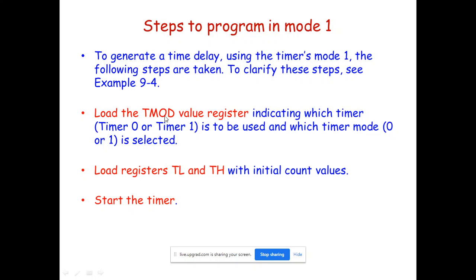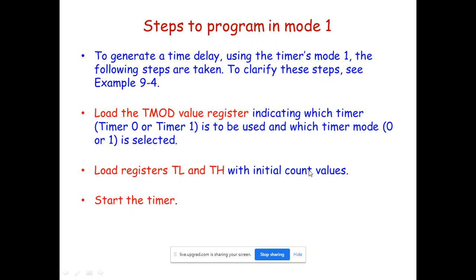We know the algorithm for programming the timer. First we calculate the TMOD value as per which timer and which mode you want to use. Which timer we want to use: timer 0. Which mode: mode 1. Software method or hardware method to turn on the timer: software method. We place this value into the TMOD register. Next we calculate the initial value and place it into the respective registers, TL0 and TH0.